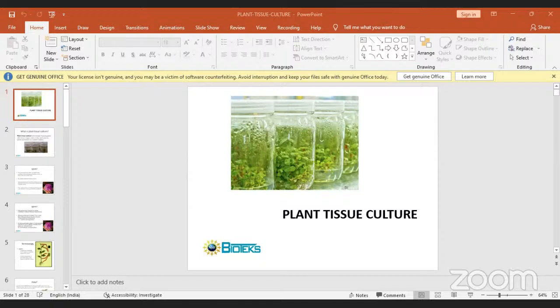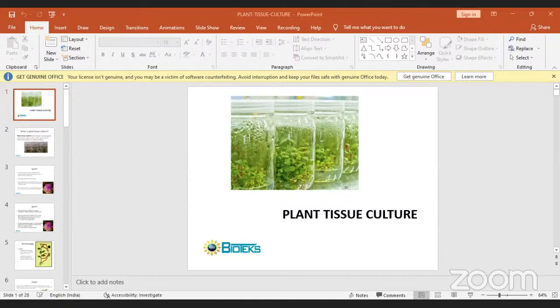In the preparation of this MS medium, how many types of components? Organic salts, inorganic salts, vitamins, plant hormones, micronutrients, macronutrients. It is a combination of some chemicals which are required in small amounts. So it is already a structured program.